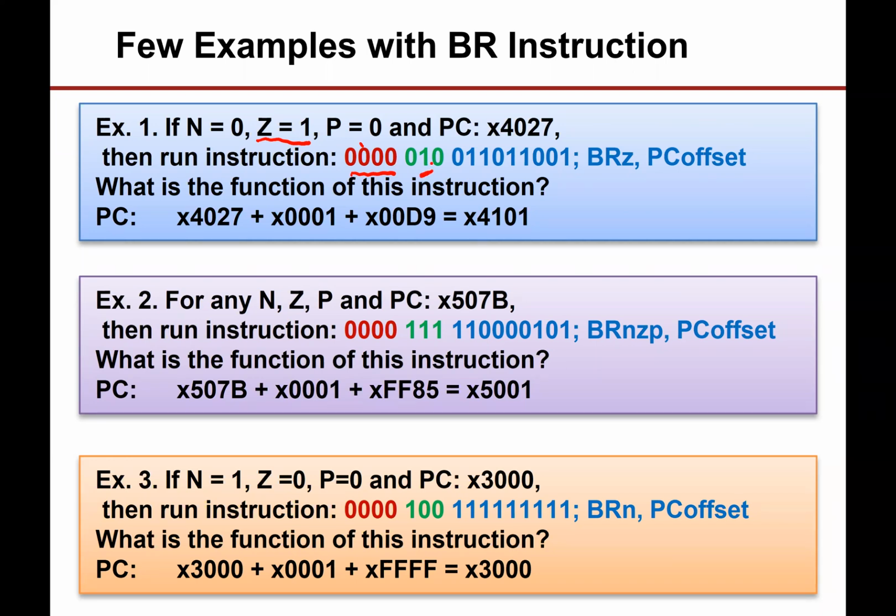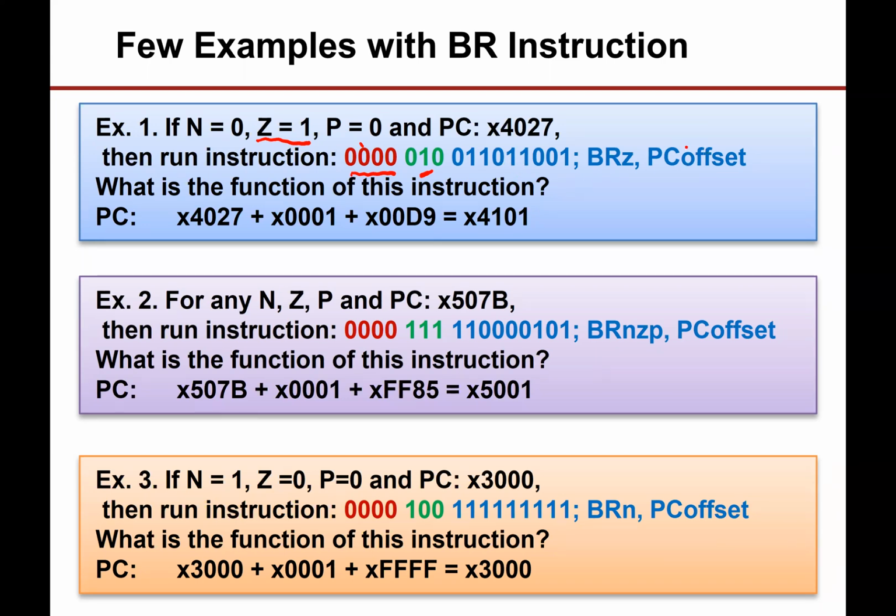So let's see the instruction here. The z here is set to lowercase z, is set to be 1. So this is the condition, right? And then the rest is the PC offset.